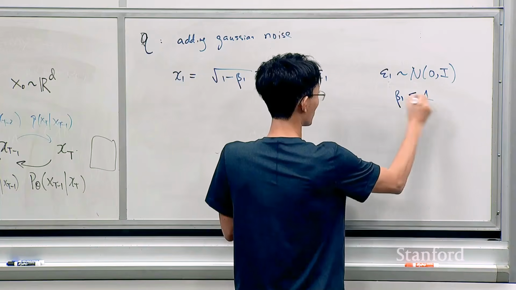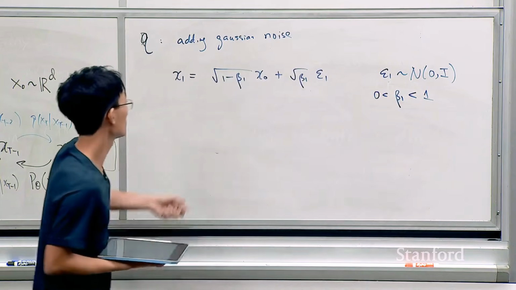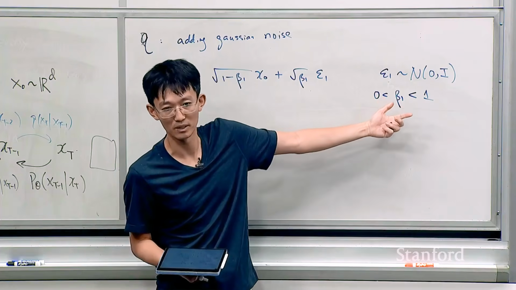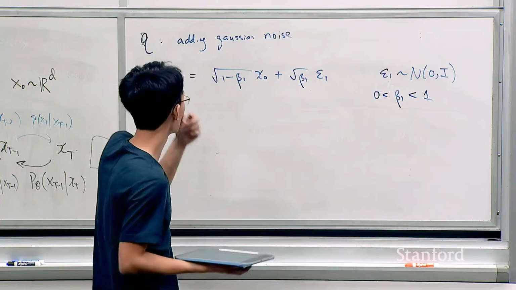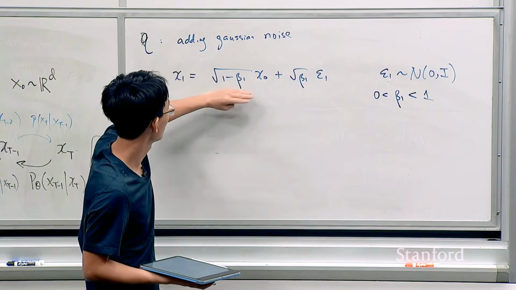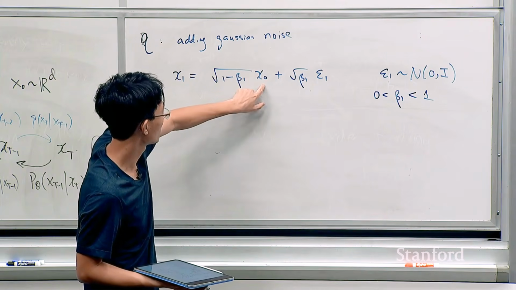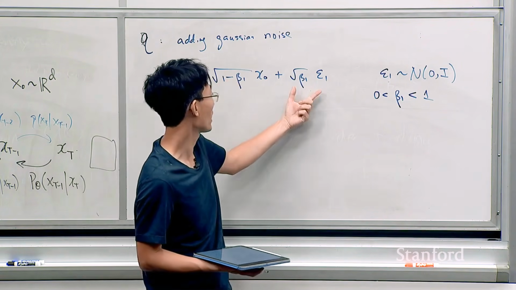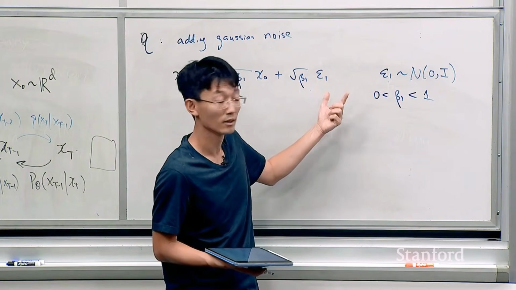Let's say beta is relatively small, like 1e minus 2, 1e minus 4. So you shrink the original clean image slightly, and then you add a little bit of noise to it.